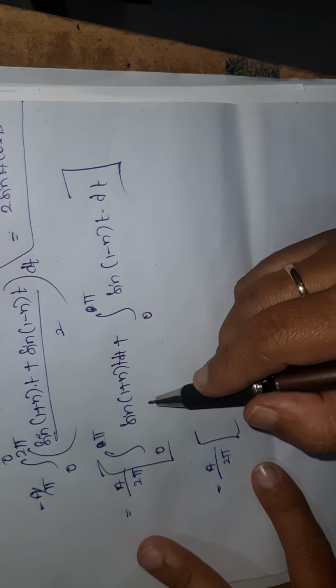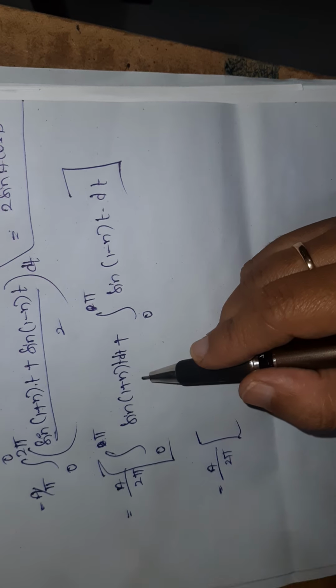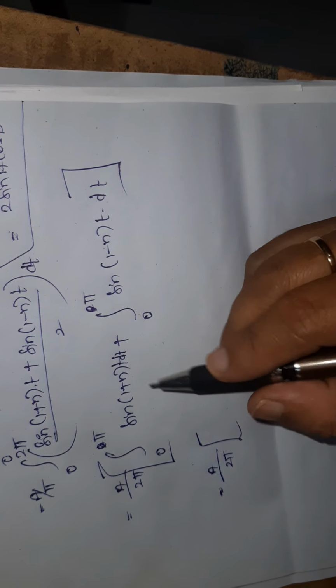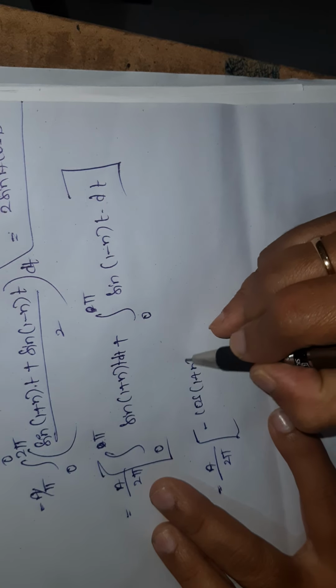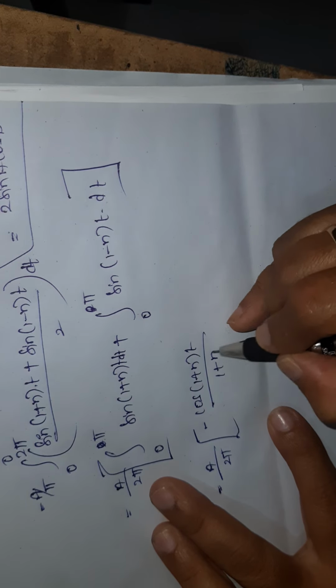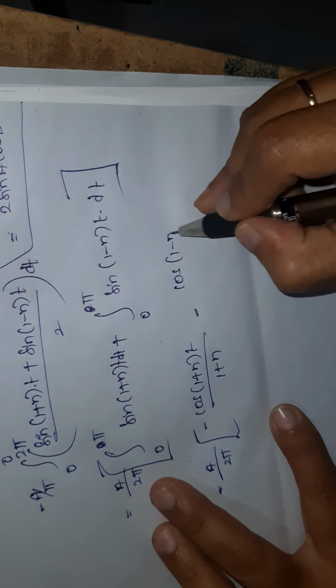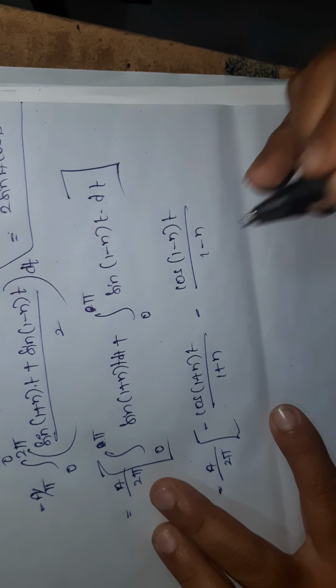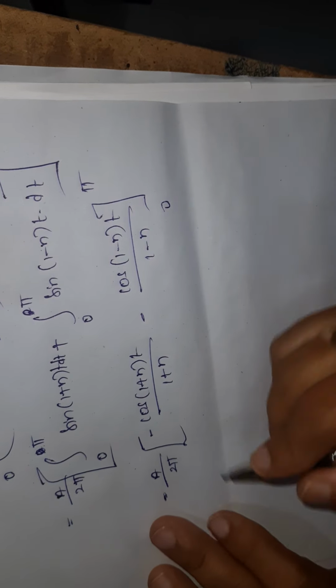Sin theta integration is minus cos theta, and sin n theta integration is minus cos n theta by n. Okay, so minus cos of 1 plus n into t by 1 plus n, and here minus cos of 1 minus n into t by 1 minus n. All are having the limits 0 to pi.